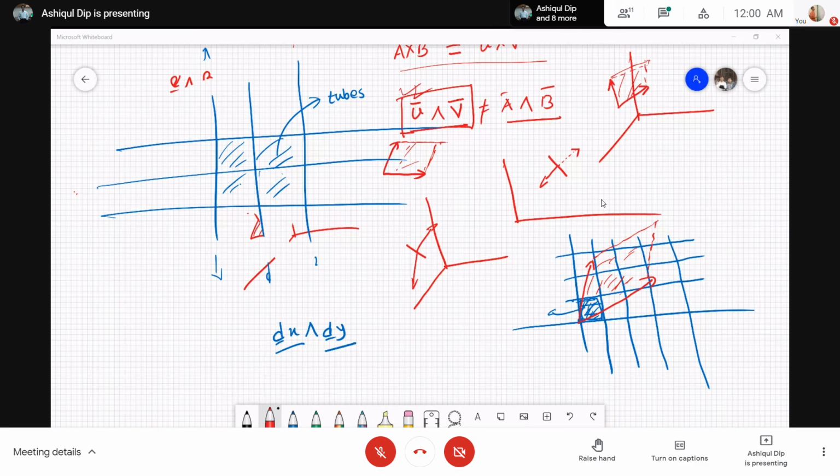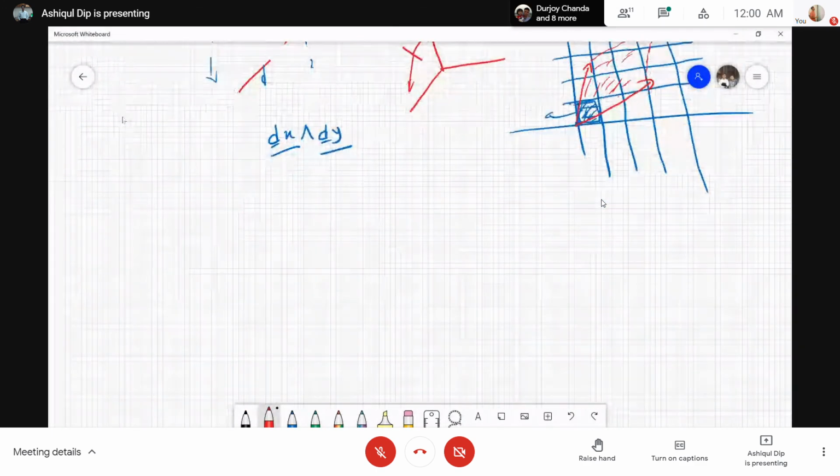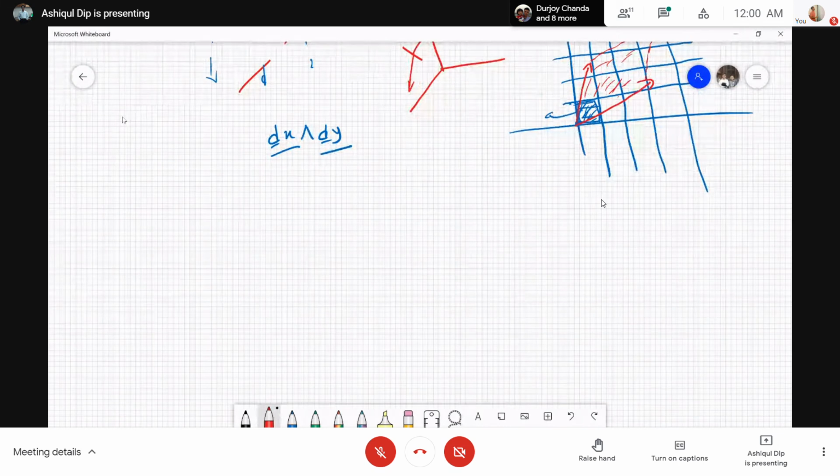Okay, so let's define it then. If you have basis vectors, say e1 and another e2, that's a cleaver, or that's an area ready to chop some tubes of the 2-form.